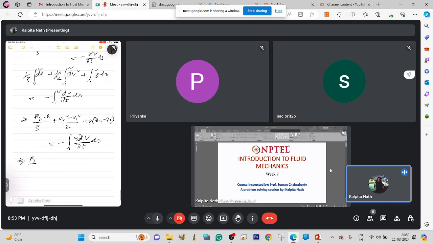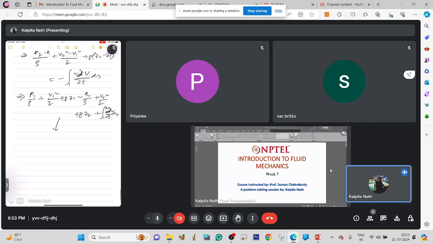So P1 upon rho plus V1 square upon 2 plus g Z1 is equal to P2 upon rho plus V2 square upon 2 plus g Z2 plus the integral from 1 to 2 of del v del t ds. This is the unsteady case of Bernoulli equation. The flow is not steady.